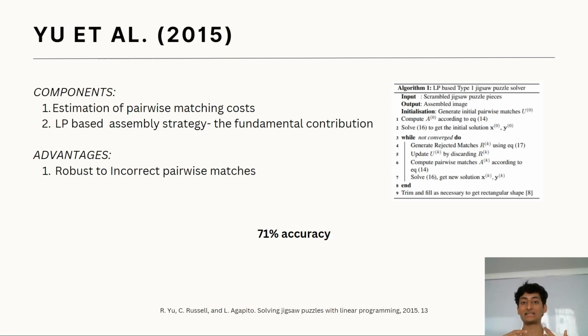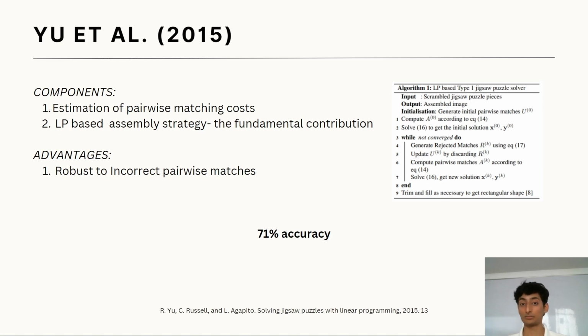If you look at it intuitively, the gradient flow between the first image and the second image should match, or the differences between the boundaries should be minimal, because the image flows from one piece to another. So there has to be a pairwise boundary similarity between pieces that are adjacent to each other.